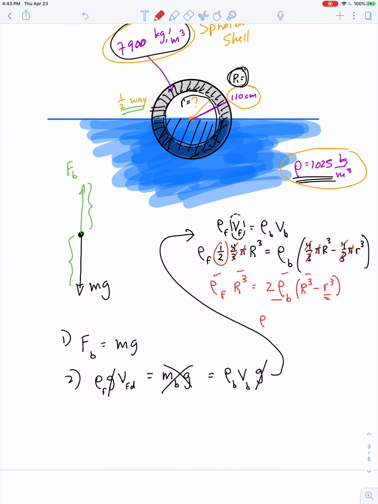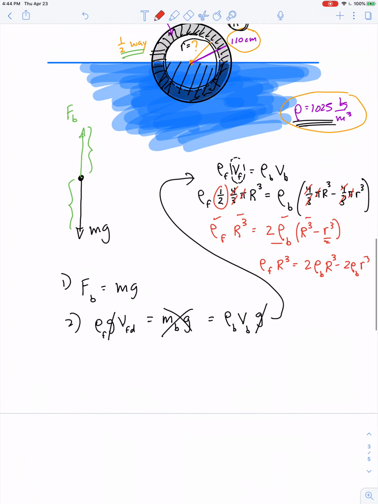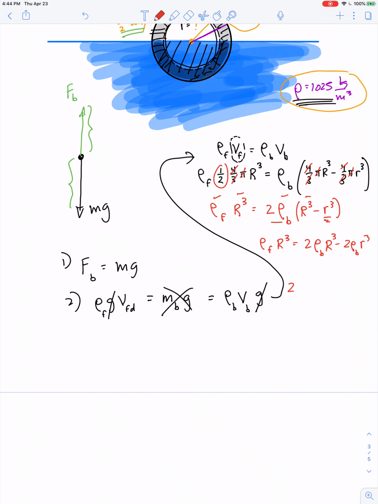So we have rho fluid times capital R cubed is equal to 2 rho buoy capital R cubed minus 2 rho buoy little r cubed. So 2 rho buoy little r cubed is equal to capital R cubed times 2 rho buoy minus rho fluid.